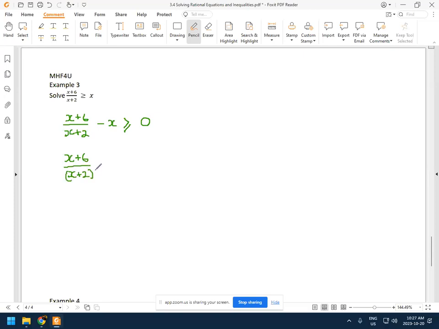To make the denominator the same, I will, in essence, multiply 1 and subtract it by x multiplied by, oh, this one has a denominator of 1, so I have to actually, oh, I'm sleeping. This is a 1.